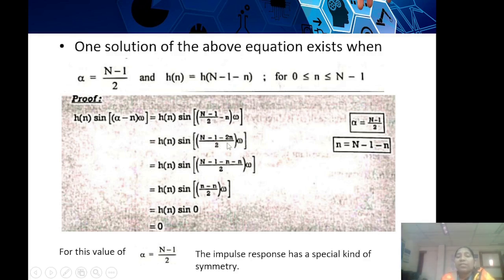After that, this minus 2n we can write as minus n, and N minus 1 minus n is equal to N minus n, divided by 2, which is equivalent to 0. So h of n into sine 0 is 0. Hence we have proved that h of n sine of alpha minus n into omega is equivalent to 0. So alpha, which is nothing but N minus 1 by 2, means the impulse response has a special kind of symmetry.